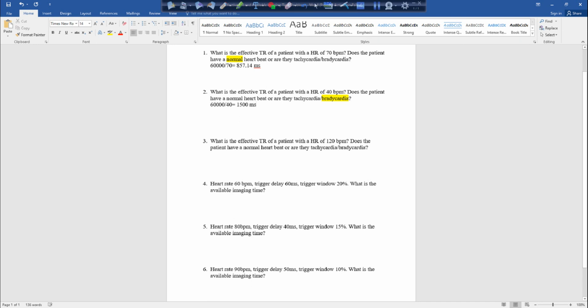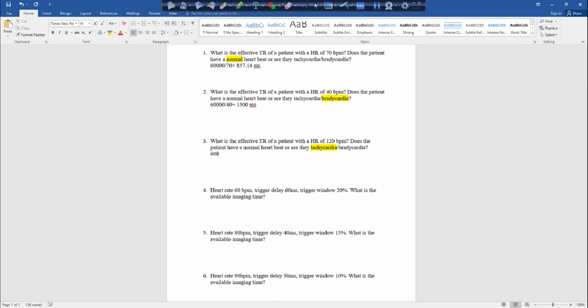So you can see here, both of these are outside the range of our T1, and a little bit too low for a T2 weighted, so you have to wait some intervals. Number 3, heart rate of 120 gives us a tachycardia. And then our 60,000 divided by 120 equals what? 500.